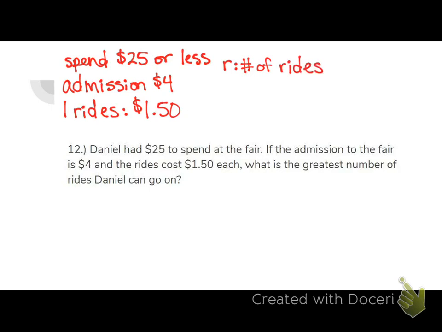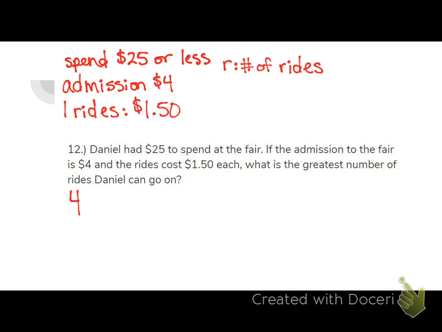Okay, so if we're figuring out how much money he's spending, we know he's at least spending how much to get in? Oh, he has 25. How much is he spending to get in? $4 to get in. Okay, and then how much money is he spending on rides? Well, it depends on the number of rides.